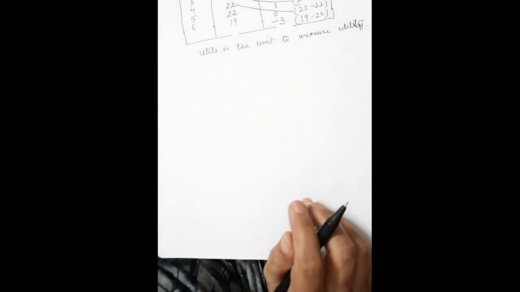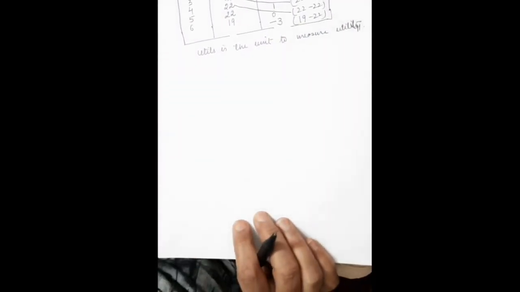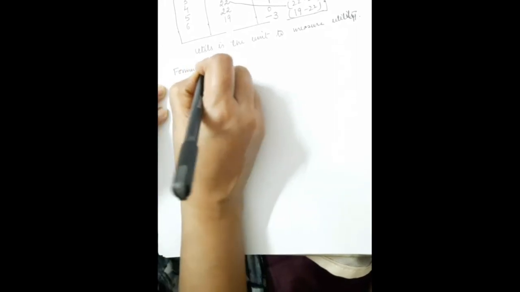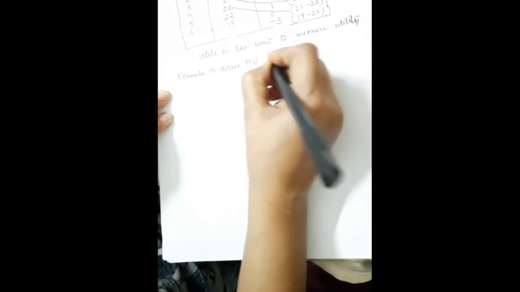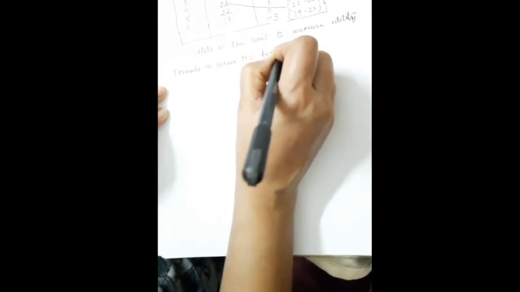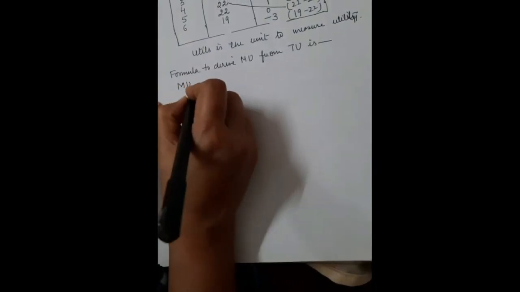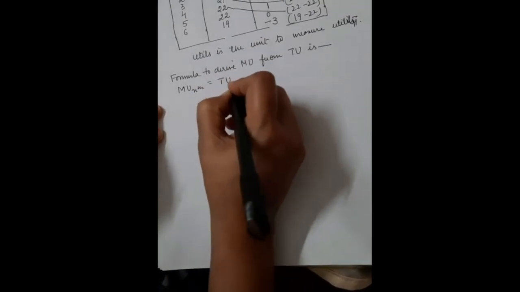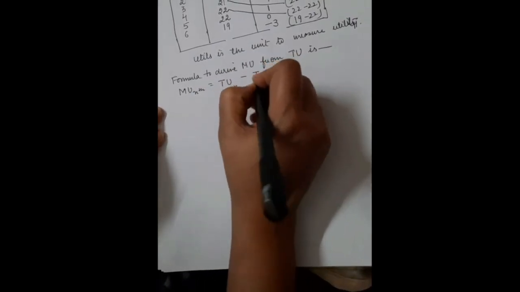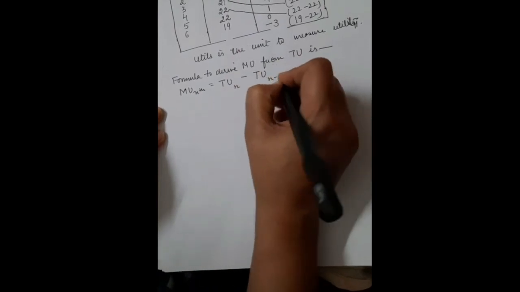Now let us find out how we derive marginal satisfaction with the help of the formula. The formula to derive MU from TU is MU of nth is equal to TU of n minus TU of n minus 1.